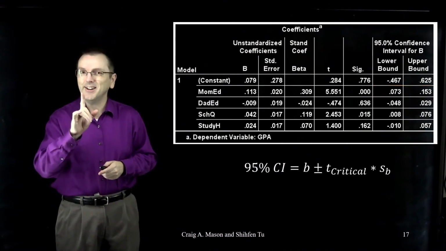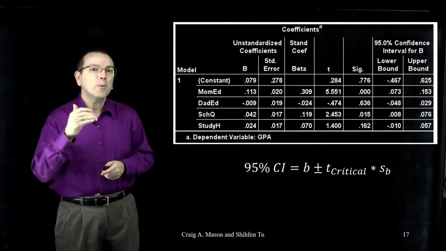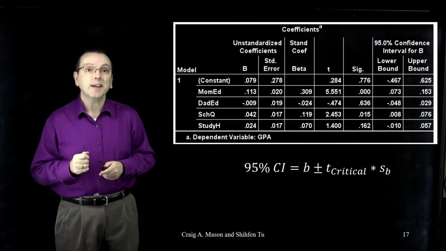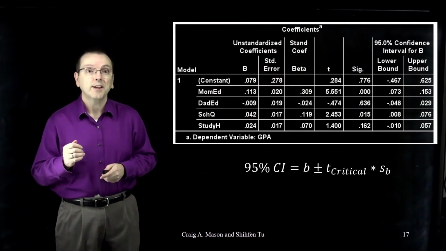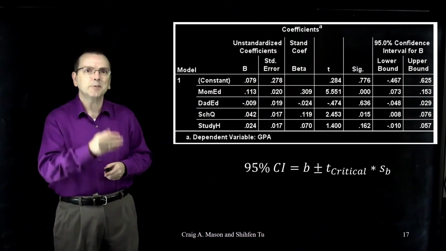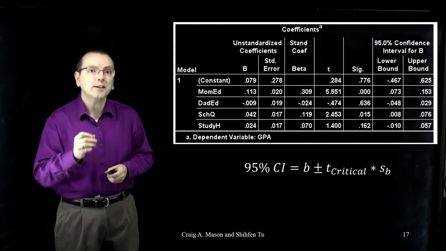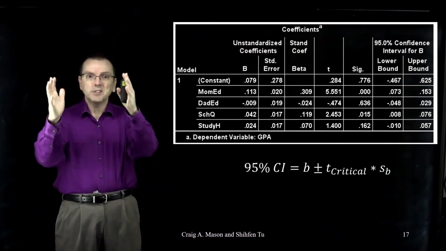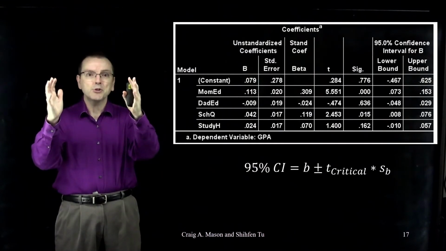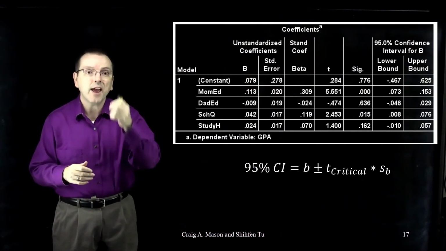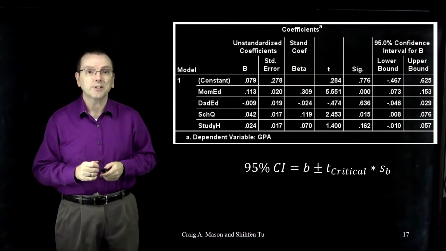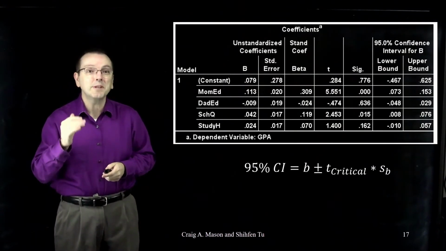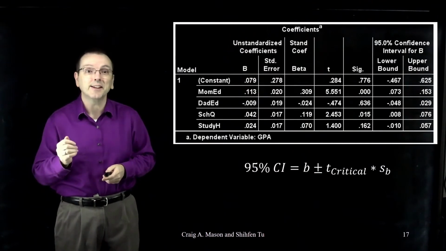Now, for a little review, remember, we calculate the 95% confidence interval by taking the regression coefficient and adding and subtracting the product of the critical t-score that bounds 95% of the distribution times the standard error of our regression coefficient. And remember, don't use the t-score you obtained in the t-test you just did.